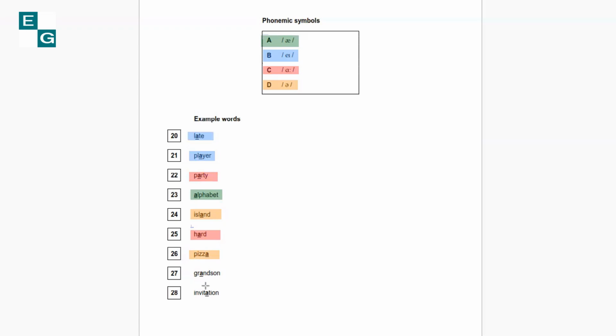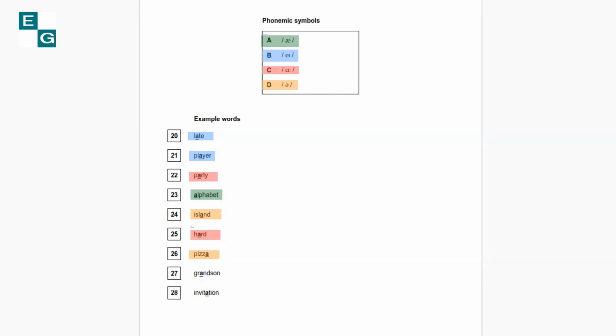Then we have grandson. For grandson, we can say that this expression, grand, is part of the stressed syllable. And if it is part of the stressed syllable, it is going to be option A, grandson, which would make me think about changing the color here for better understanding.